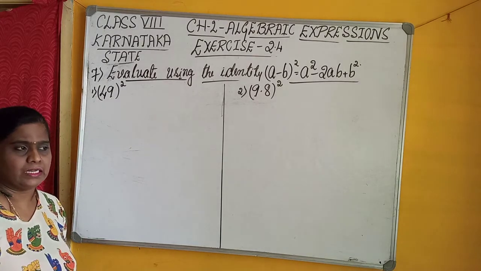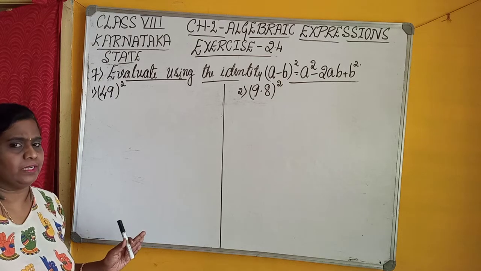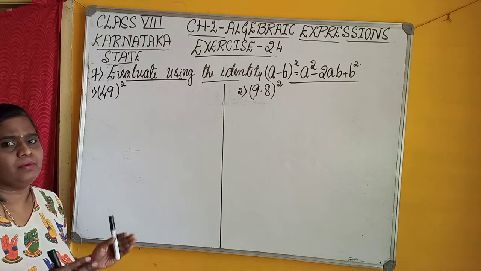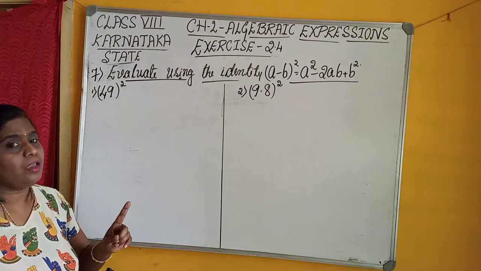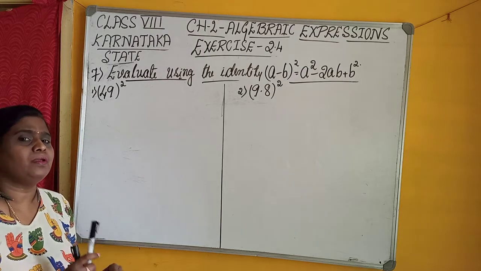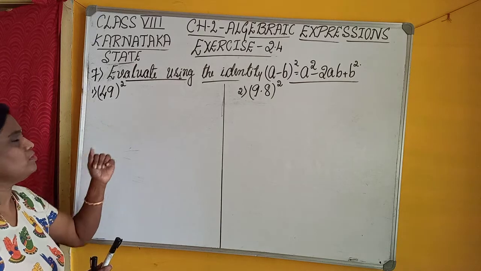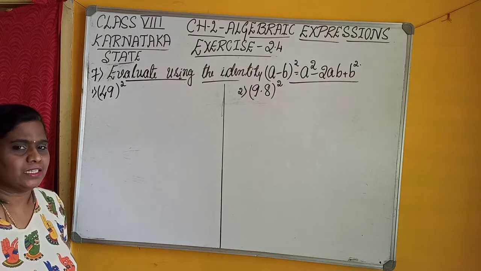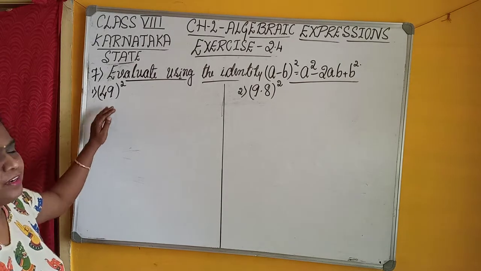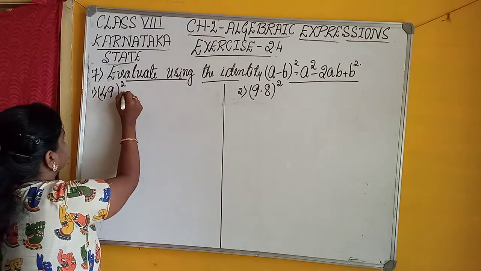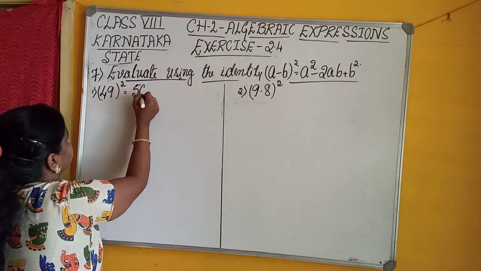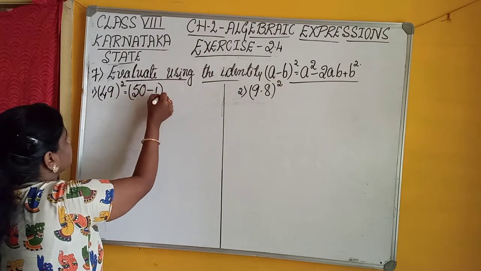If you write it in the expanded form, you will write 40 plus 9. But here given is a minus b. There should be a minus between the two numbers. Let's think. 49 can be written as 50 minus 1. That is equal to (50 minus 1) whole square.